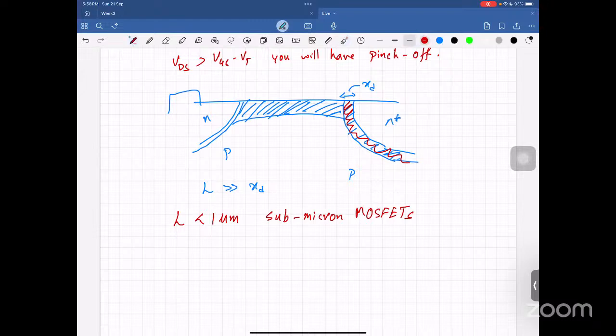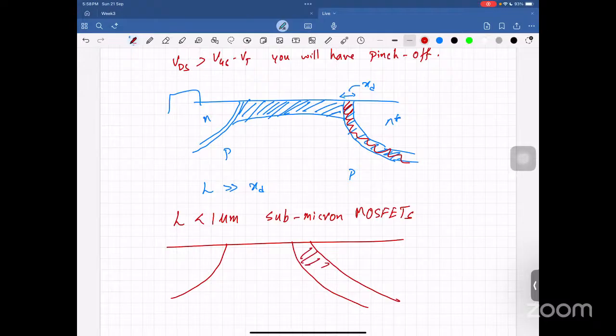When you go to sub-micron MOSFETs, without any gate voltage part of the channel is already depleted, because the impact of the drain depletion region is much larger. So you don't have to deplete all of it, only the rest. So your VT will reduce.